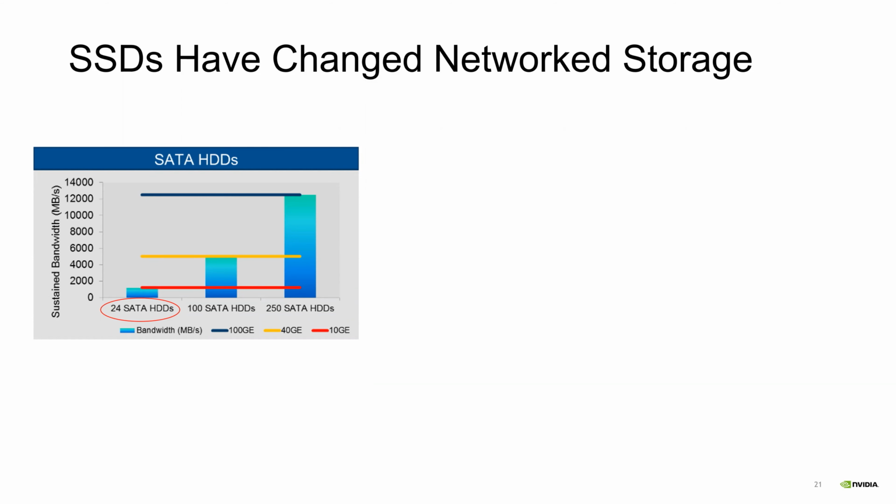The reason is because storage has gotten an order of magnitude faster with the move from hard drives to SSDs, as Steve pointed out. This chart shows the number of hard drives needed to fill different network speeds. You can see that 24 serial ATA hard drives, which is a common number in starter all flash arrays or JBODs, is a good match for 10 gigabit Ethernet.